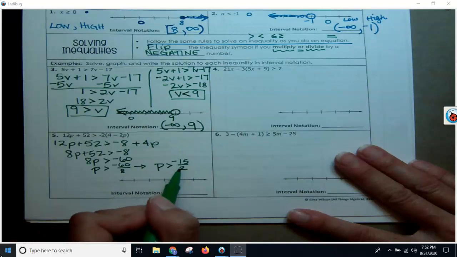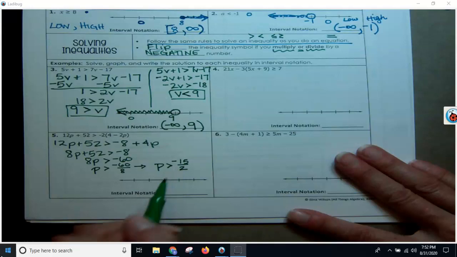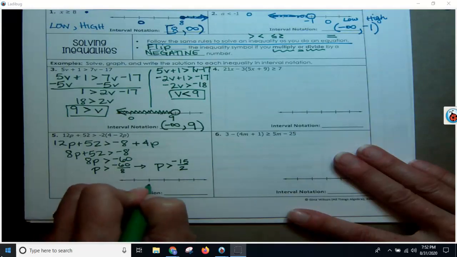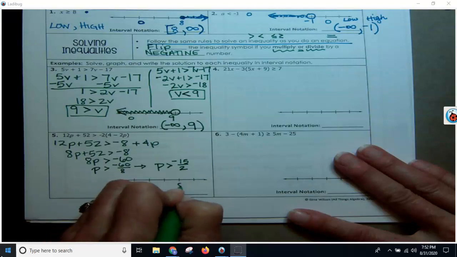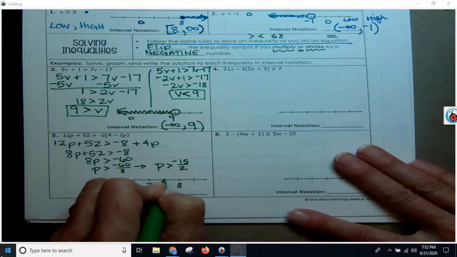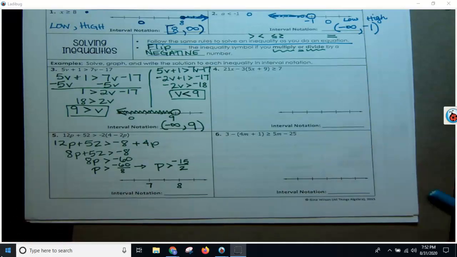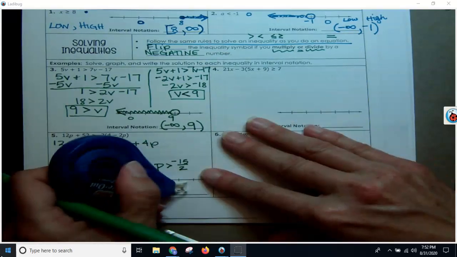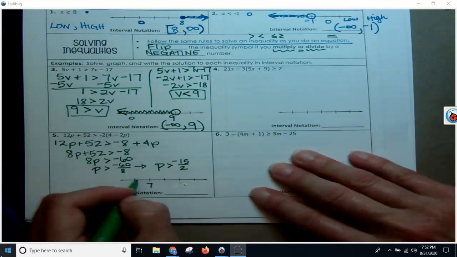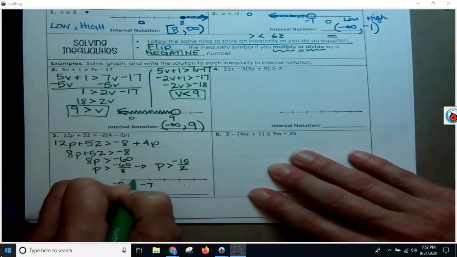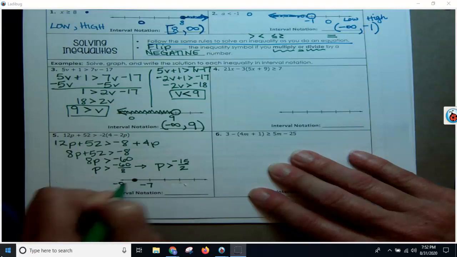Well, I know that 15 over 2 is the same as 7.5. So if on my graph I can put 7, 8, so right here is going to be, oh wait, that's negative. Sorry. So the 8 has to go on the other side. If this is negative 8, negative 7, then negative 15 over 2 is right here.